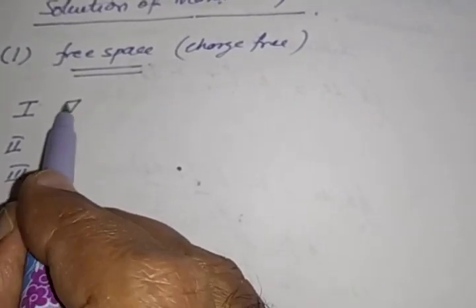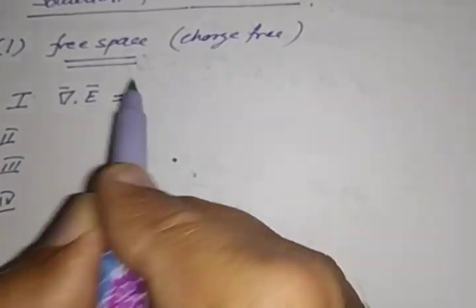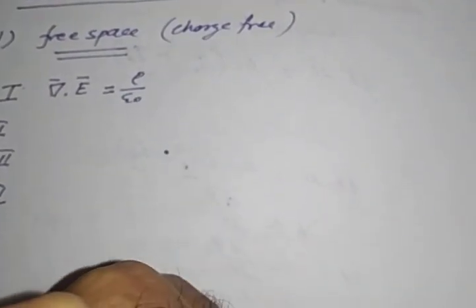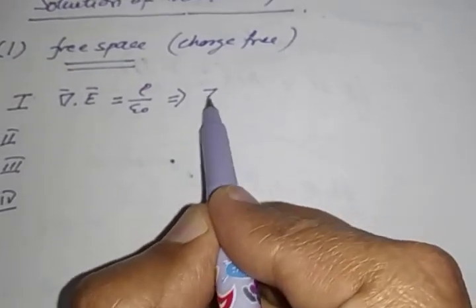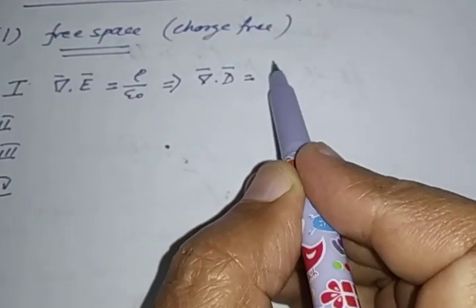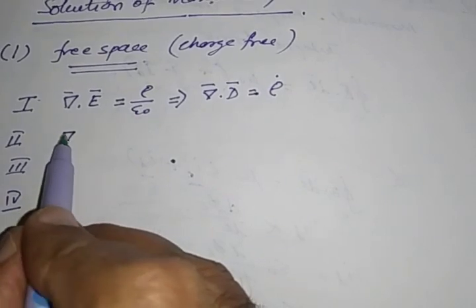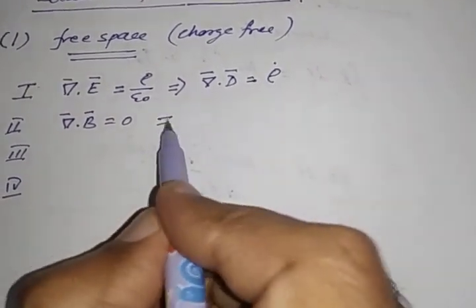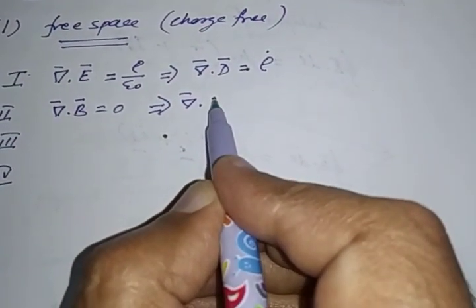The first of all is this one, and we can write it in terms of the displacement vector also. The second Maxwell equation is this, and we can write it in terms of magnetic field intensity.